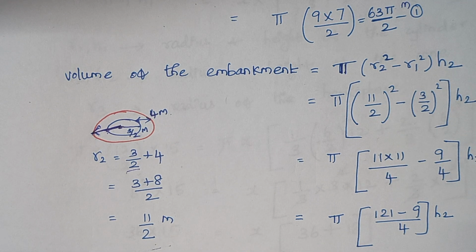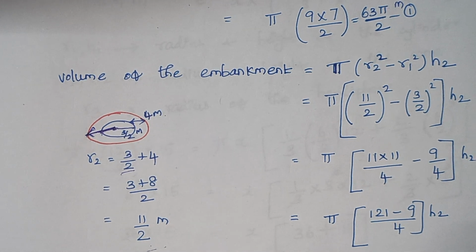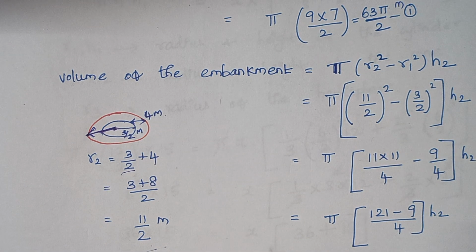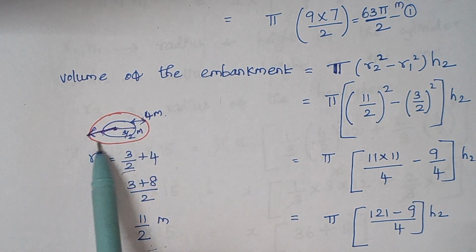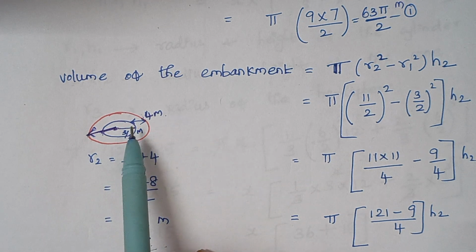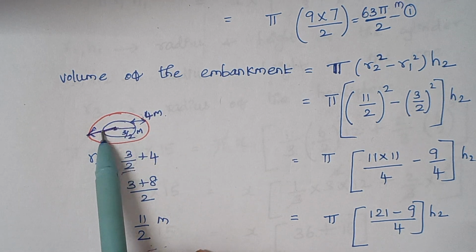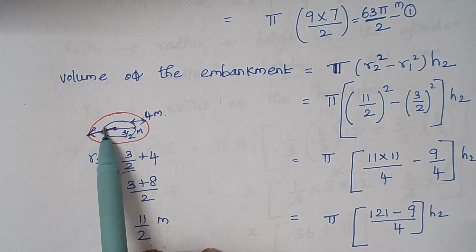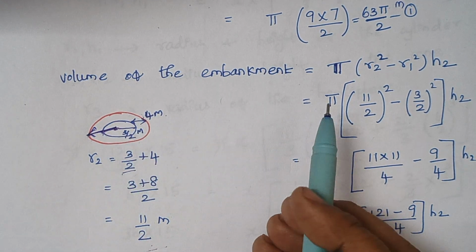While writing the formula for the volume of the embankment, when you look carefully, we need only the volume of the embankment here. But in addition we have the volume of the well, that is, we have another circle inside.